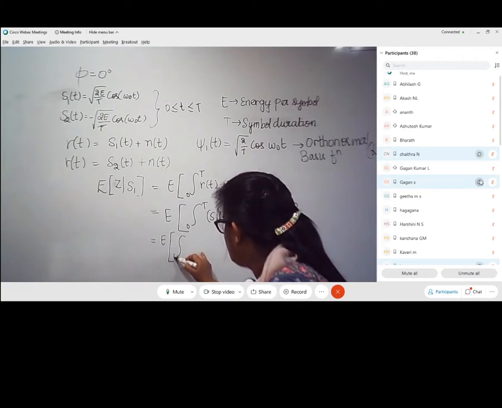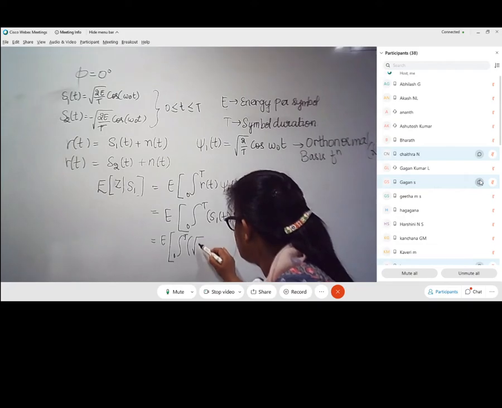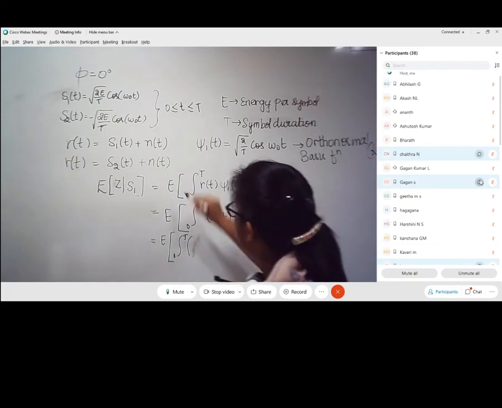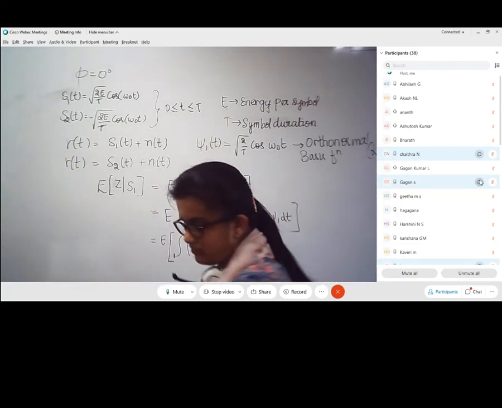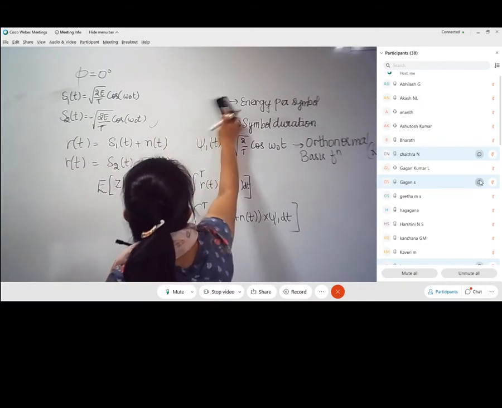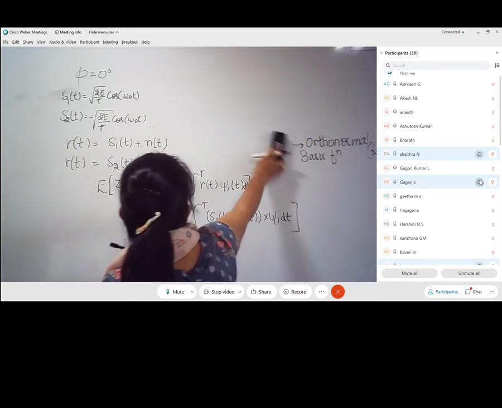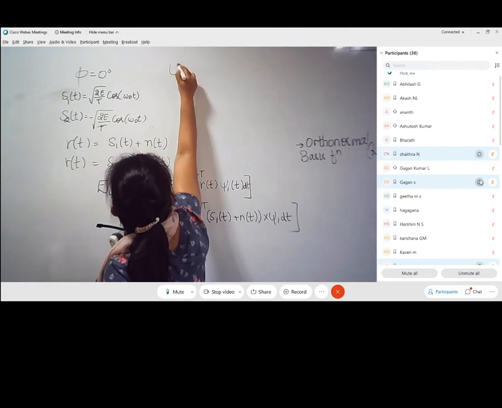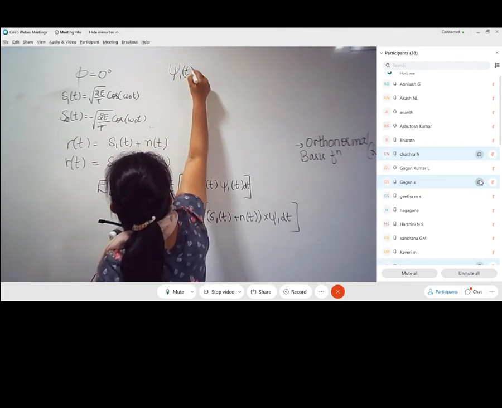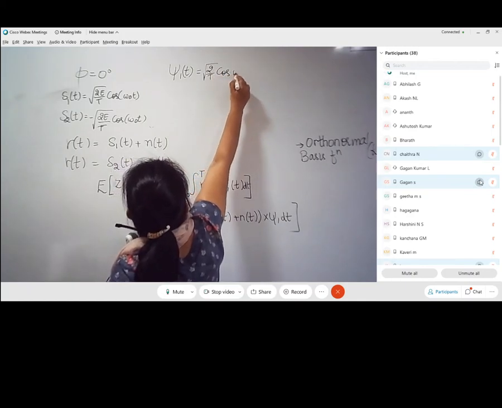So 0 to t, s of t I can write this as follows. Let me write these functions here. Please make a note of this. In this case, I can express s1 and s2 in terms of the basis function xi1 of t, which is equal to root 2 by t cos omega naught t.